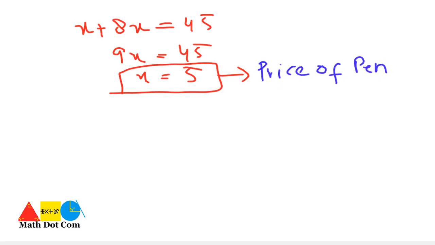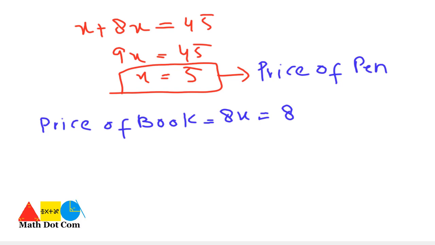The price of book was 8 times more than pen. So the price of book will be 8x, we'll put the value of x as 5, 8 into 5 is equal to 40. So the price of book is rupees 40.